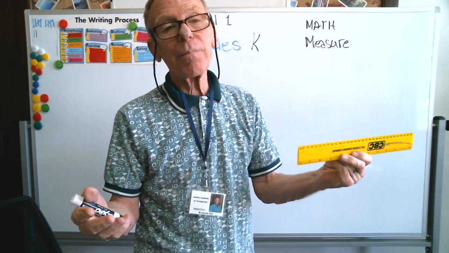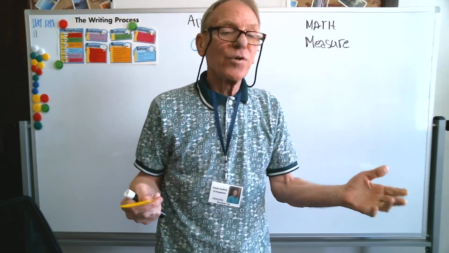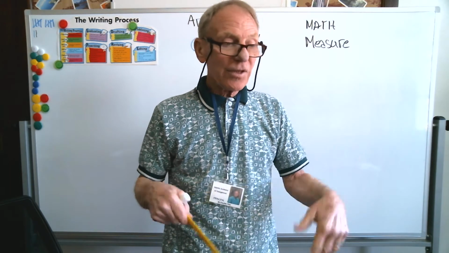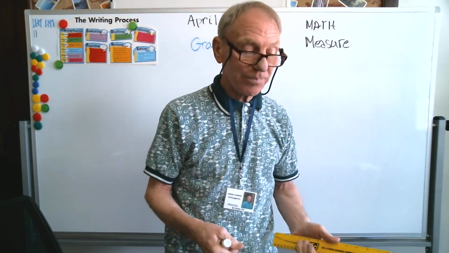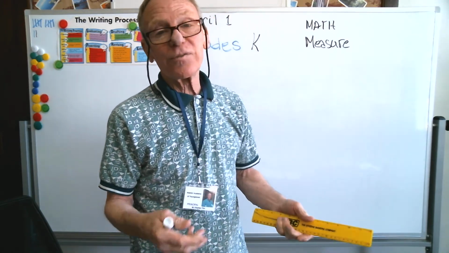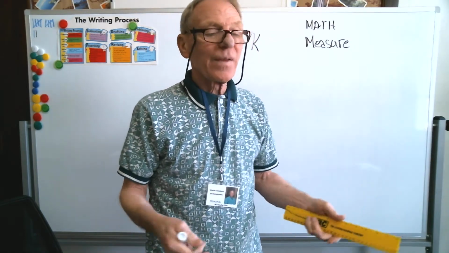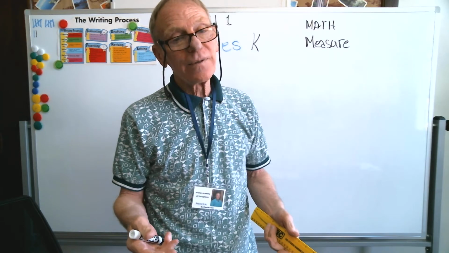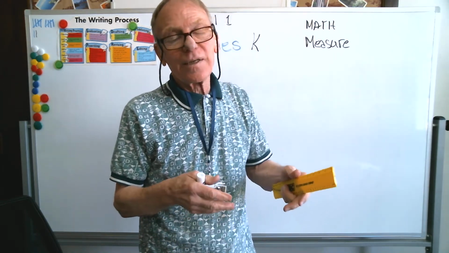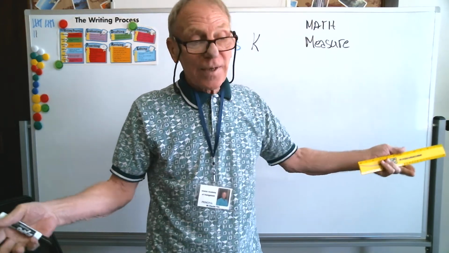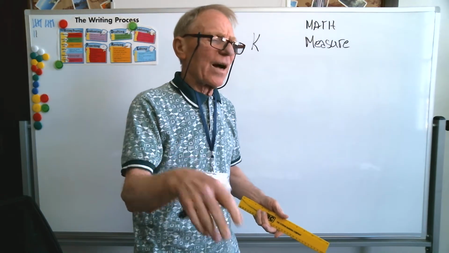Centimeters are the metric measurement. So we have two different ways to measure things. In this country, we use mostly the standard measurement system. That means inches, feet, yards, miles. But in metric, it's millimeters, centimeters, kilometers. It's a whole different thing.